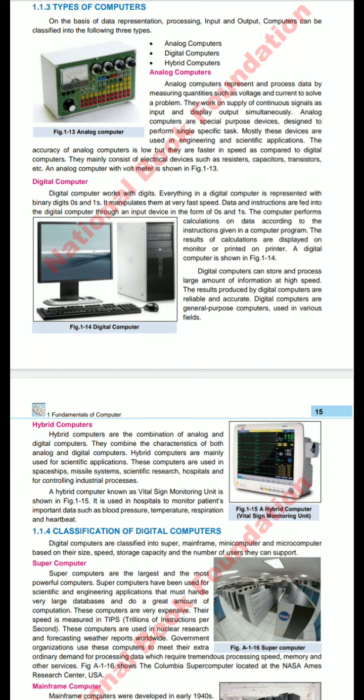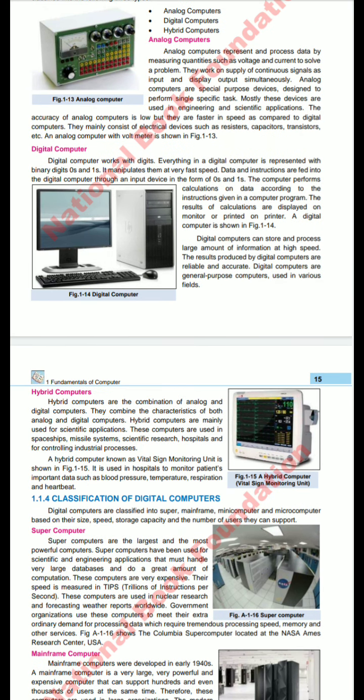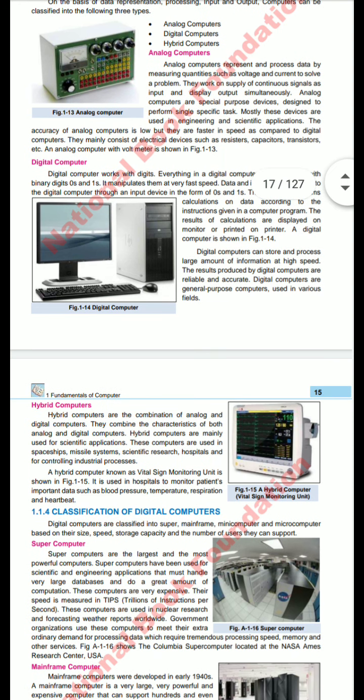You can sense the temperature and put a limit on it, and this is applied in most buildings. Smoke sensor, temperature sensor. The accuracy of analog computers is low, but they are faster in speed as compared to digital computers. That's why we use analog computers in a large way by making a device known as a temperature sensor.